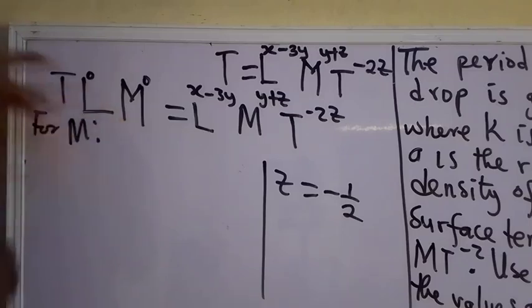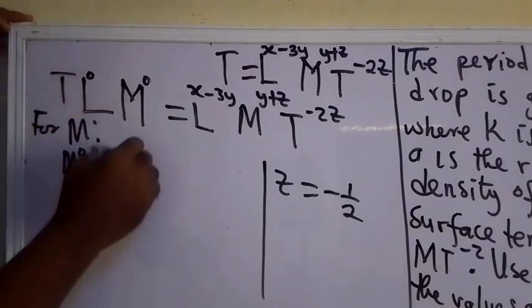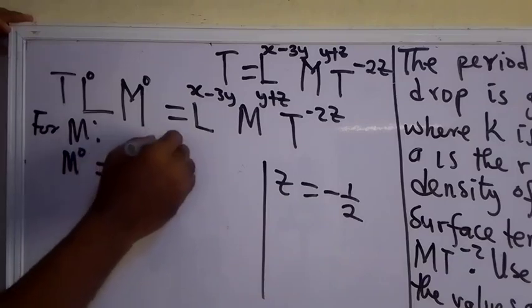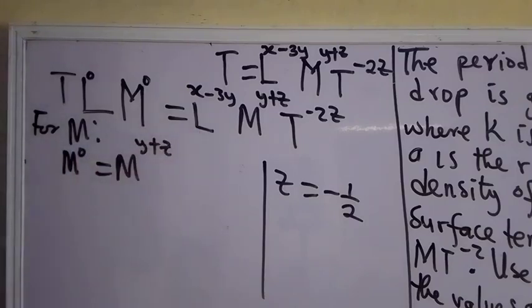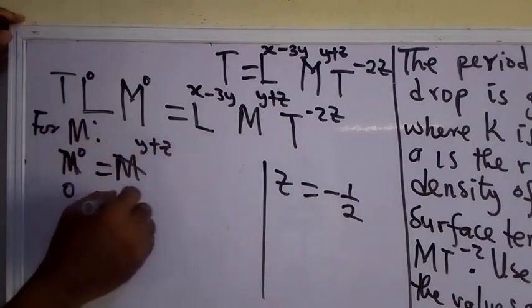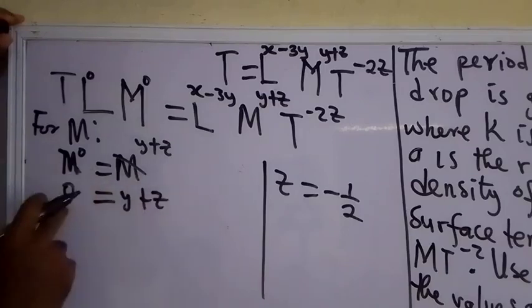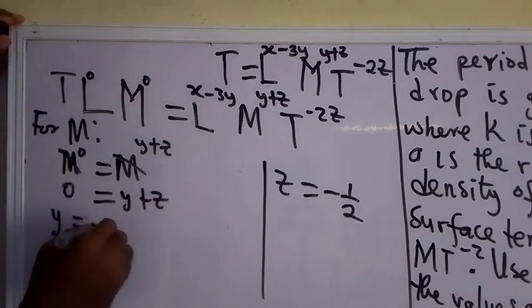On the left, m is 0 equal to, on the right, m is y plus z. For the two to be equal, we cancel out their bases. It means 0, we put the powers, y plus z. Take z to the other side of the equation. You see that y is equal to minus z.